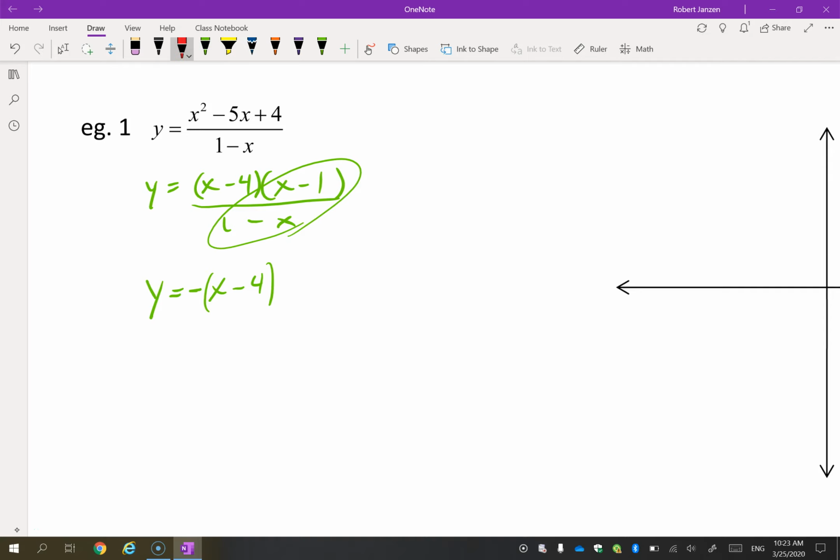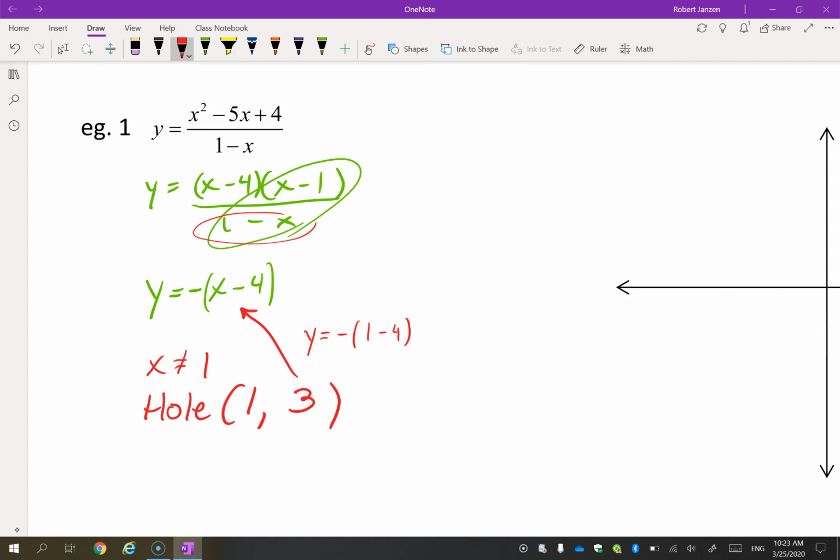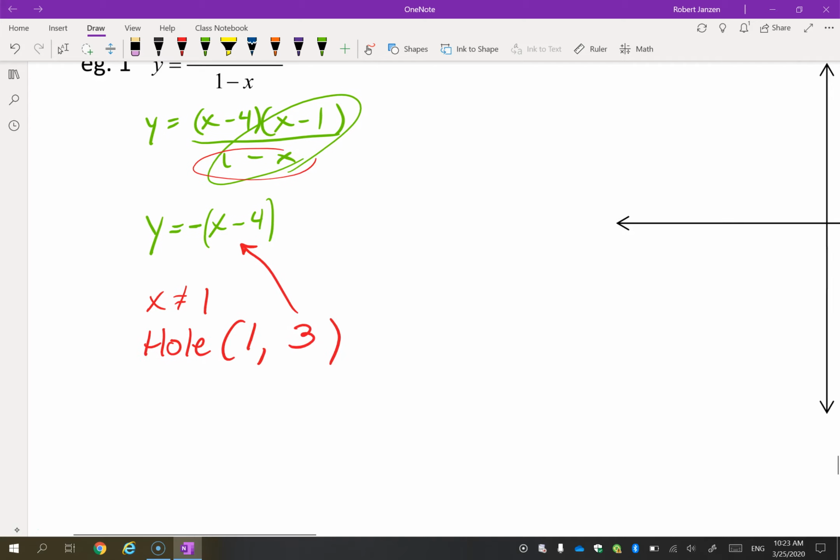Well, x cannot be 1. That's from right here. What is happening at 1? There is a hole. At 1, comma, put in 1 right here, I get y equals negative 1 minus 4. This is going to be 3. Okay, so I have a hole.